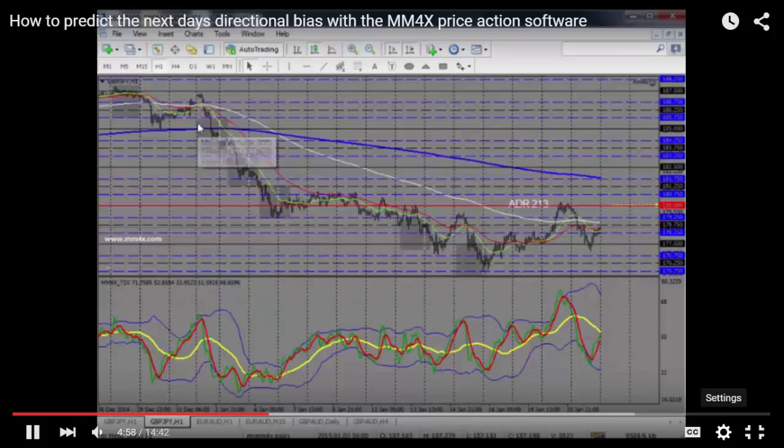Okay, so the last 14 days, the average daily range is 213 pips per day. And so what I can see is that we came down from the high to the low, and now we're just kind of oscillating up and down. So I draw these levels like this.